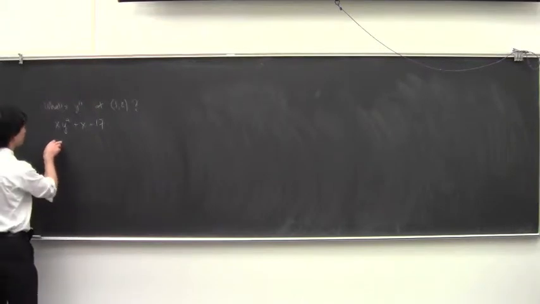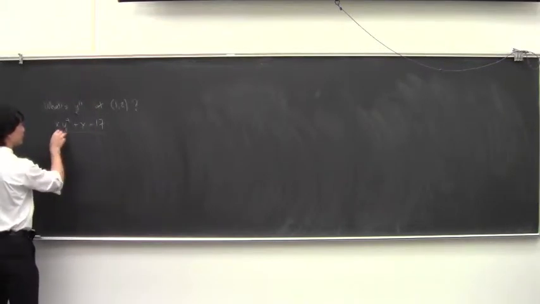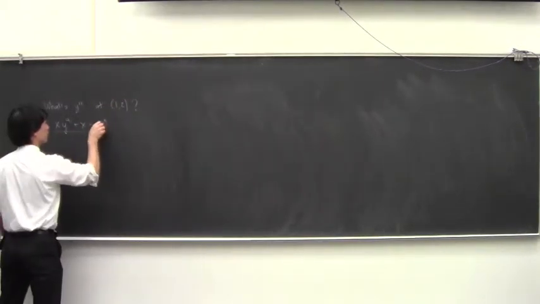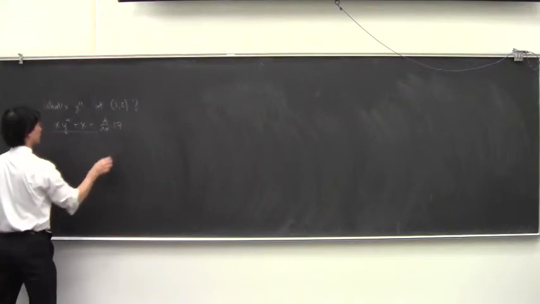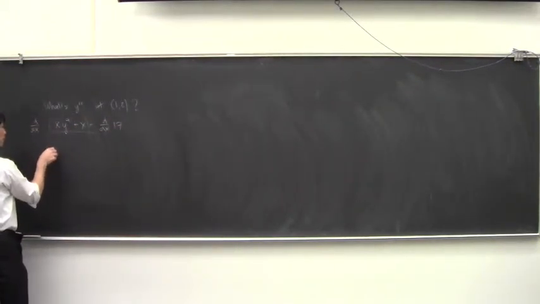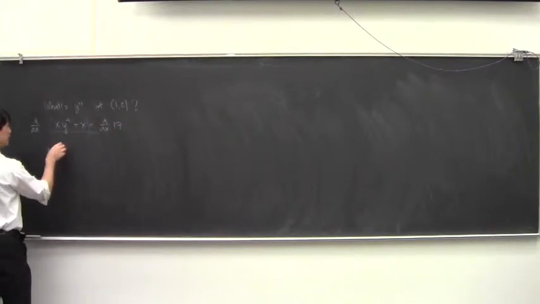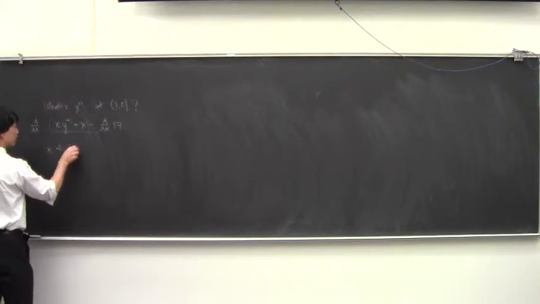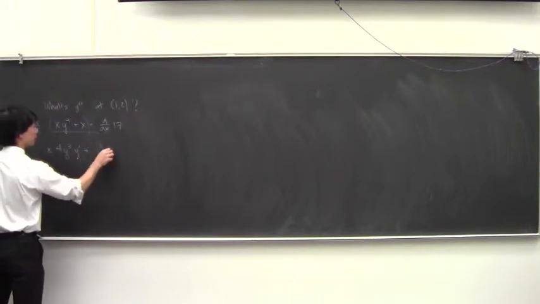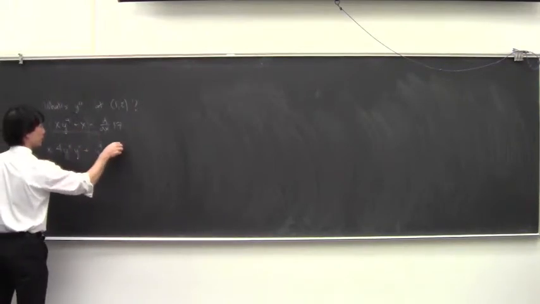Okay, so you say, well, look, I'm going to differentiate everything with respect to x. And so what do you get? You get the first guy times the derivative of the second guy plus the derivative of the first guy times the second guy. And then the derivative of x is just 1.